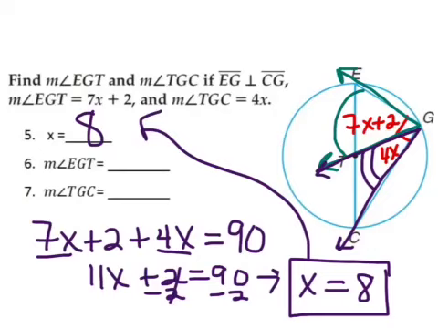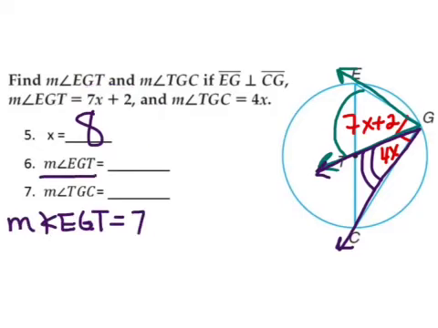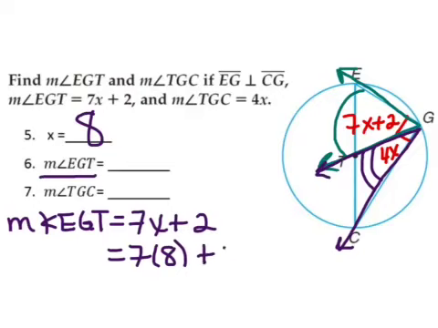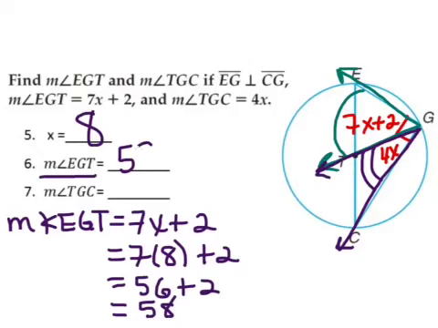So here it says again that the measure of angle EGT is given by 7x plus 2. Let's plug our found value of 8 in for x and simplify. 7 times 8 is 56. Adding the 2, we get a result of 58. So that's the measure of angle EGT.